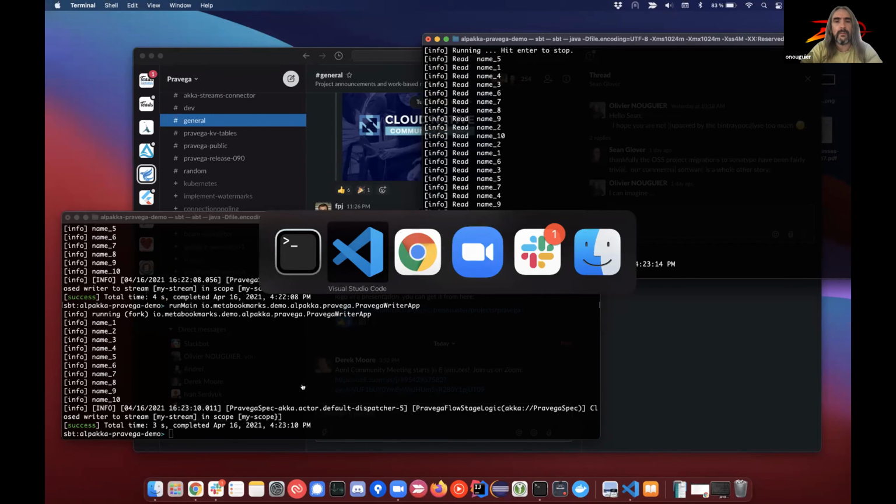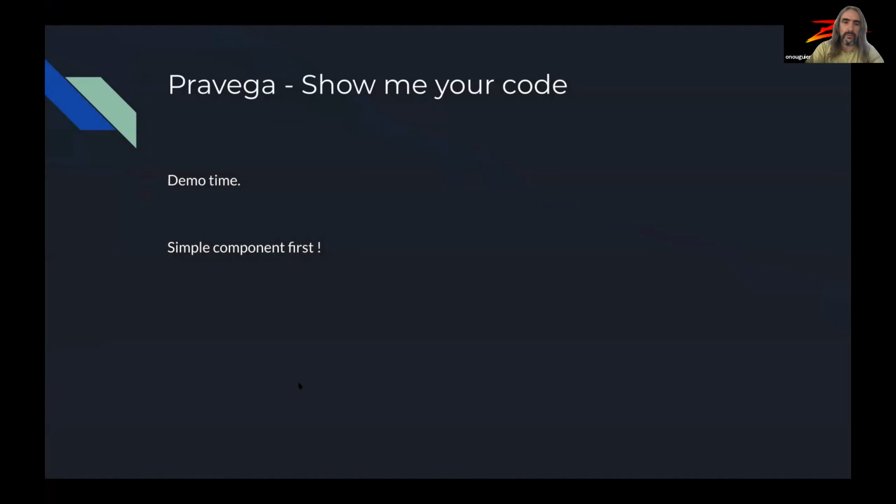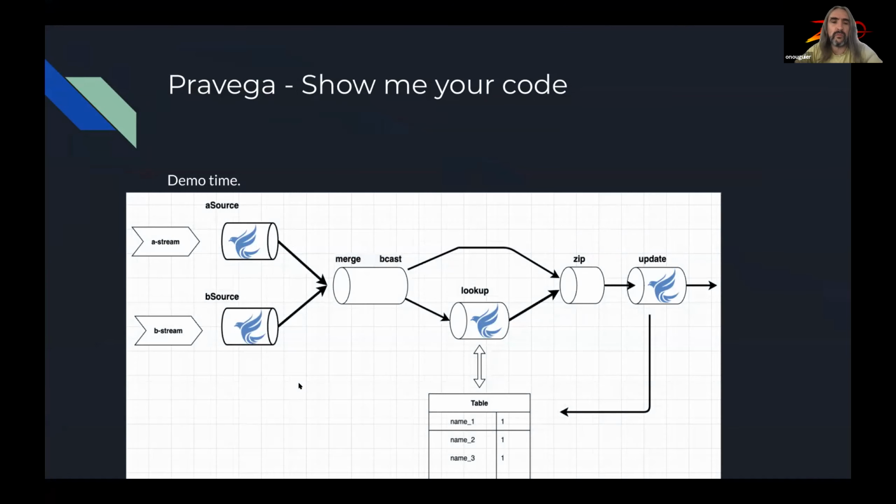Of course, there are many more usages than using pure strings. And just to play a little bit with the Akka Stream API, I implemented this workflow. This time we have two streams, A and B. So two sources, a merge component that merges the result of the two topics. After that, I broadcast in two pipes.